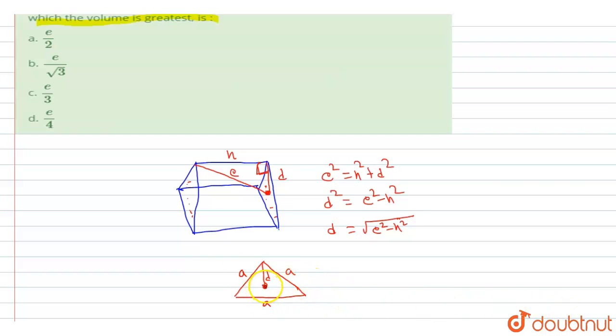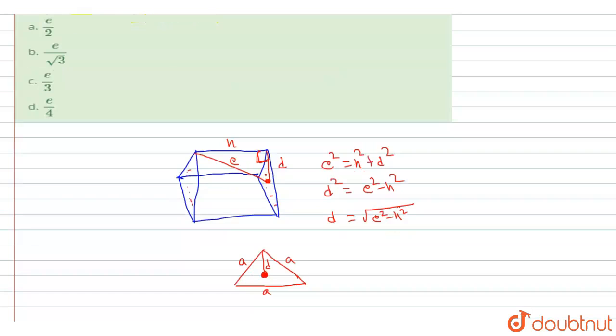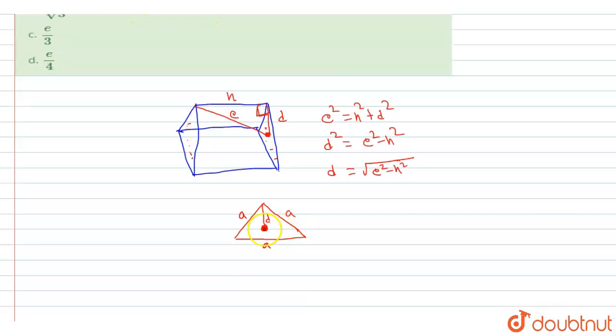Also we know that in an equilateral triangle the centroid and the center are the same point, so this ratio is 2:1. So this is equal to d by 2.